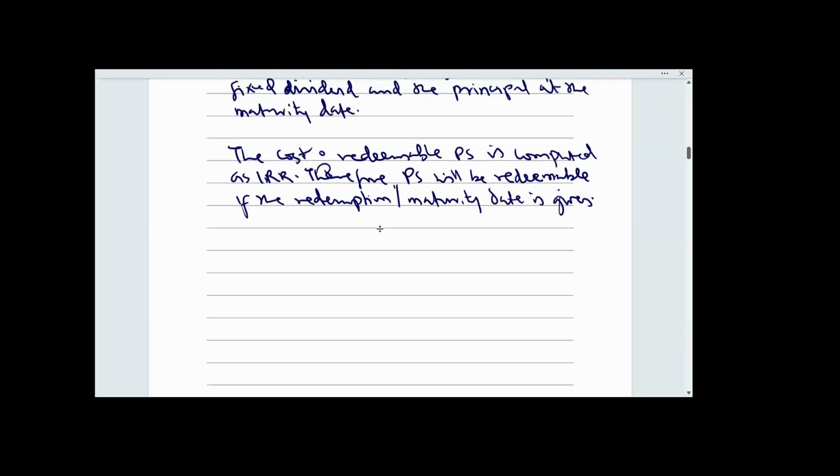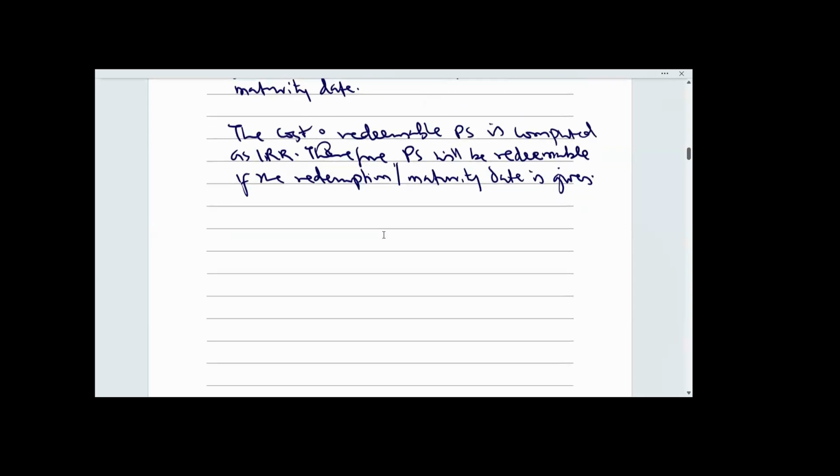Otherwise, it will be cost of irredeemable preference share. So if in the question you are given the dates that the preference share will be redeemed, that means that preference share is redeemable. But if you are not given the redemption date, then you are going to calculate it as cost of irredeemable preference share.